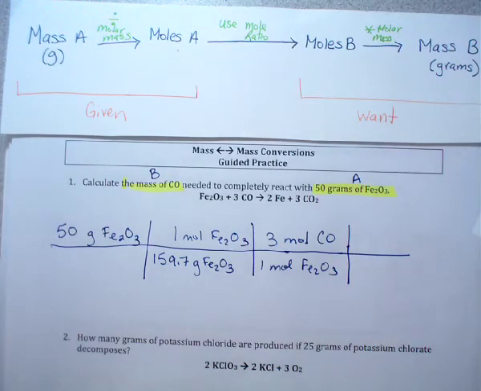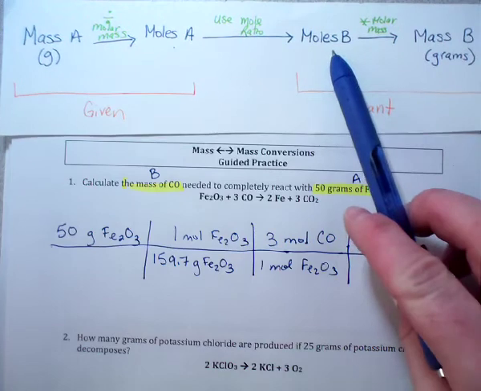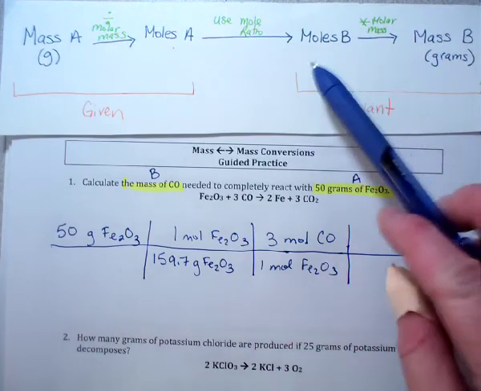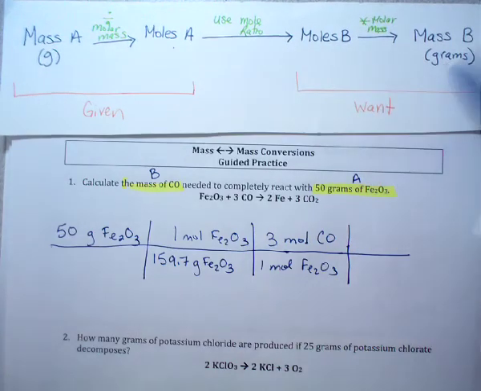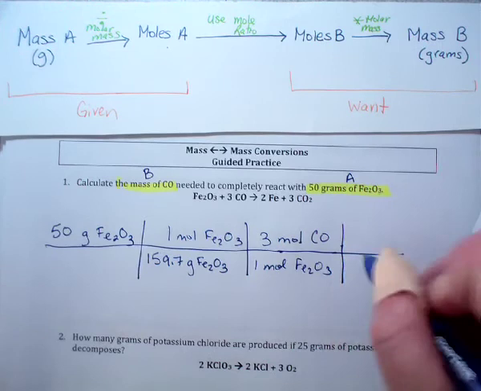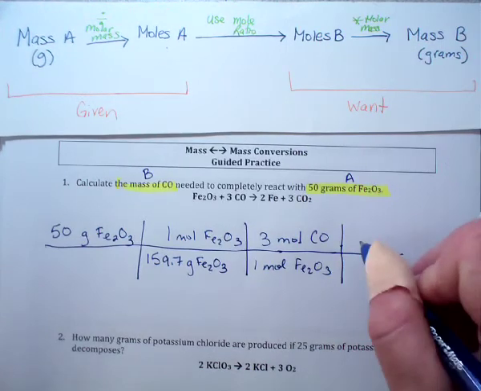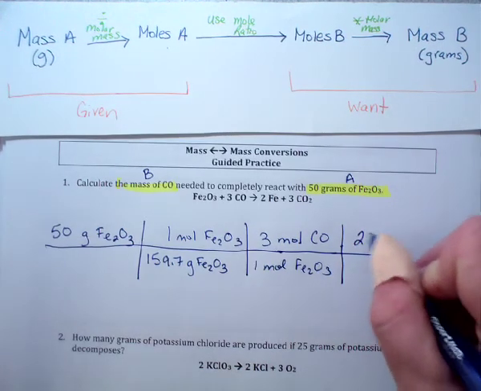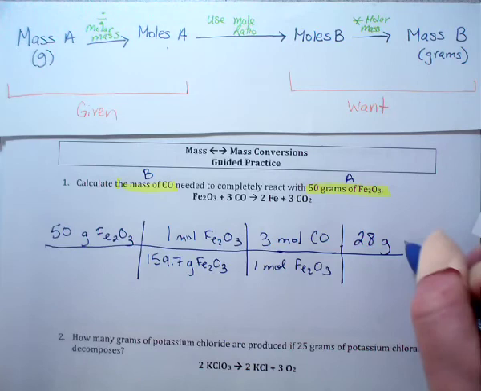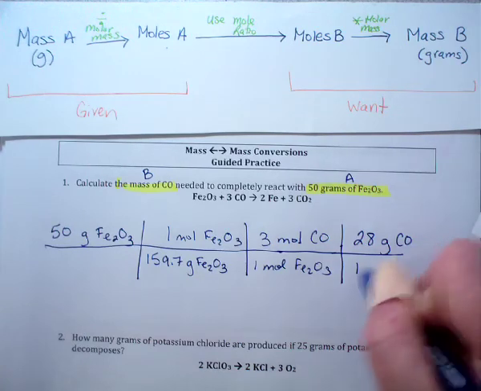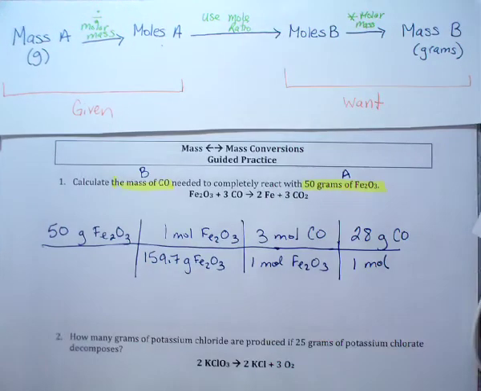And then the final step, now that I've turned my A into a B using the mole ratio, is to find the molar mass of CO and turn moles into grams. So carbon monoxide has a molar mass of 28 grams in 1 mole. And then to solve, I'm going to take and multiply across the top.